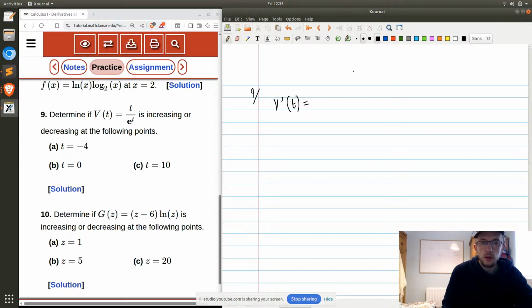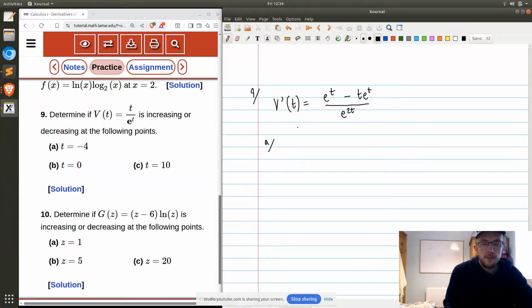The quotient rule is f prime g minus f g prime, all over g squared. So f prime g minus f g prime, all over e to the t squared, so e to the 2t.